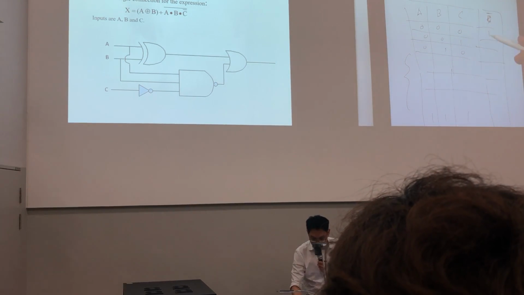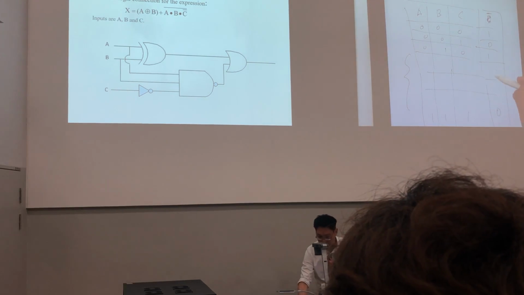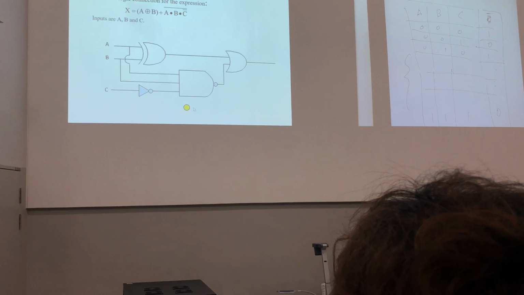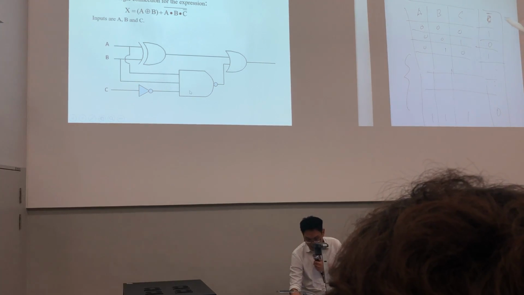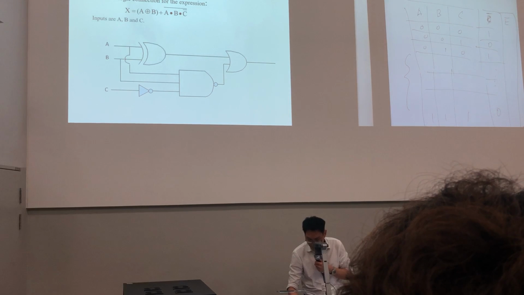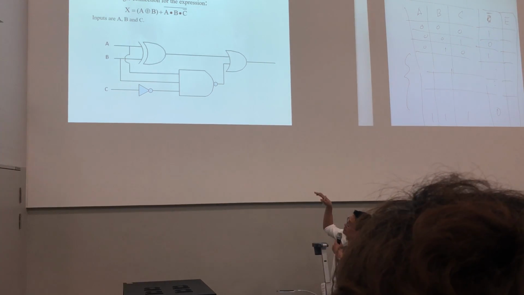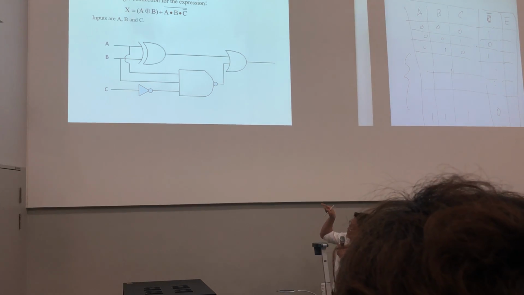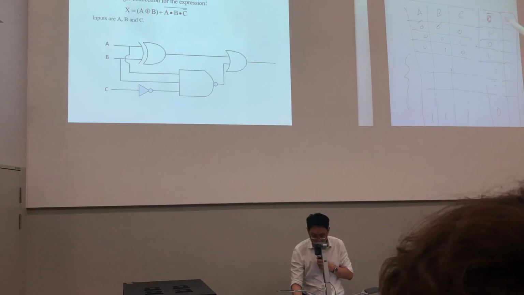This one is always the opposite, right? This is C bar. And for this gate itself, let's say I put another signal E here. And in this truth table, E actually has 3 signals, which is A multiply B multiply C bar.